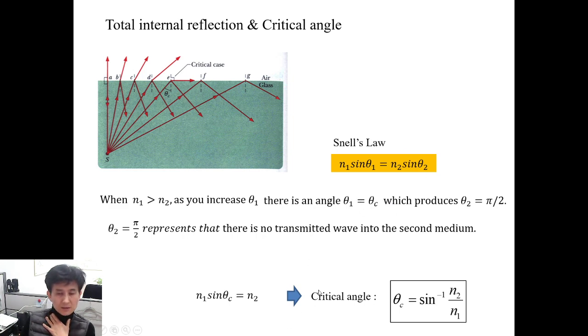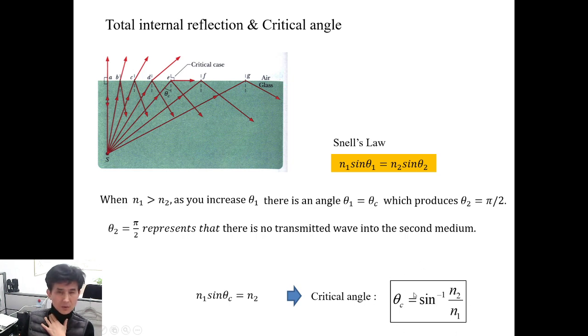And total internal reflection is the condition where theta 2 becomes 90 degrees. That means all light is reflected. No transmitted light exists. That's when the refractive index of the medium for the input beam is larger than the refractive index of the transmitted medium.